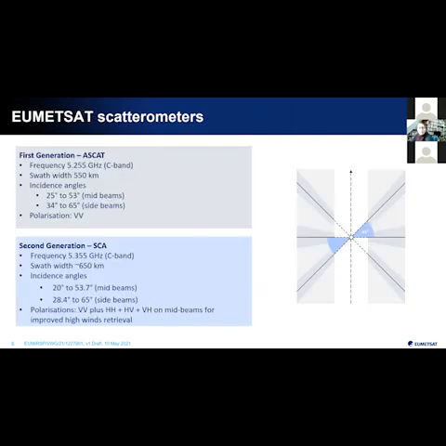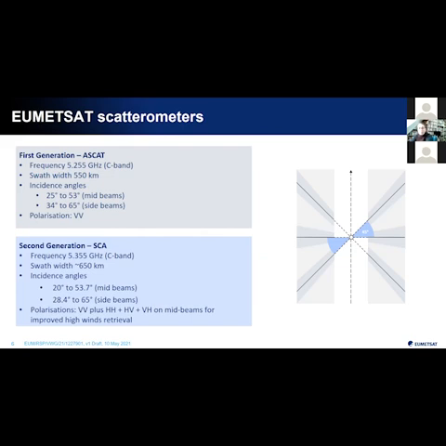SCA will inherit a lot of good things from ASCAT. The first generation ASCAT is a C-band radar. It's an active instrument. It's a fan beam scatterometer, so it has 3 fixed antennas looking to each side of the swath.